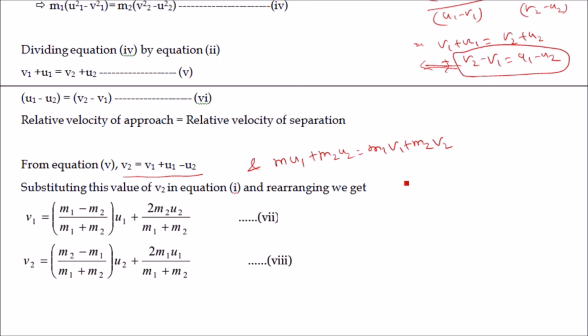to this equation, and from there we get m1 u1 plus m2 u2 is equal to m1 v1 plus m2 (v1 plus u1 minus u2).